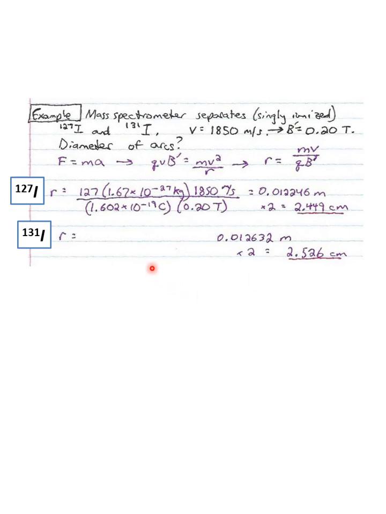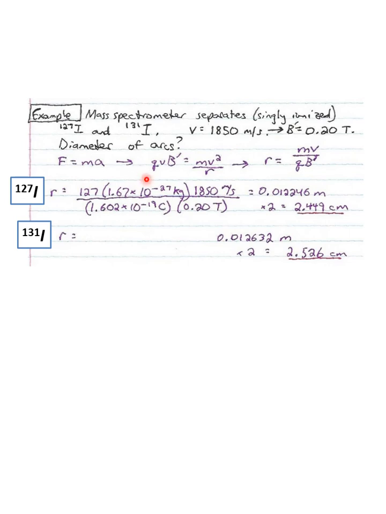When we plug in the values, we do it first for iodine 127 and second for iodine 131. So we need the masses. Iodine 127, that means it's 127 times an atomic mass unit, 1.67 times 10 to the negative 27 kilograms. I should have probably done 1.66.